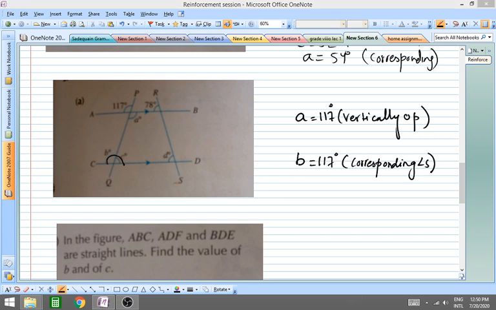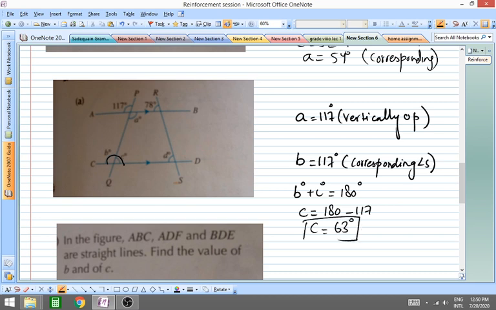So how will you write? You will write angle B plus angle C would be equal to 180 degrees. And if you try to find out the value of C, that would be 180 minus 117, so the final value of C would be 63 degrees.